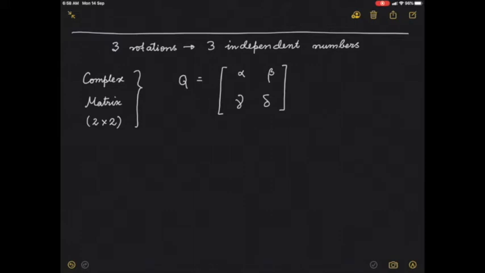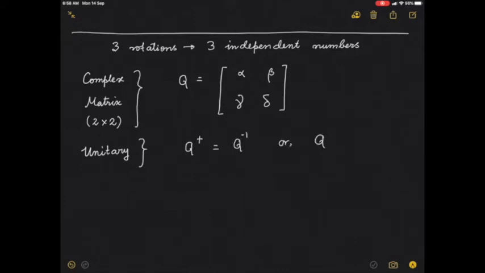First, what we demand is that this matrix is unitary, which essentially means that its conjugate transpose is the same as its inverse.